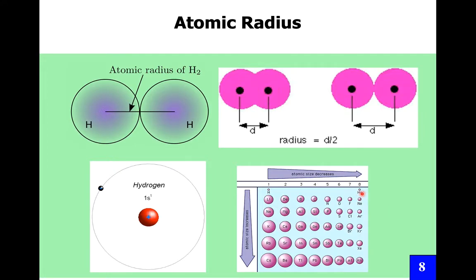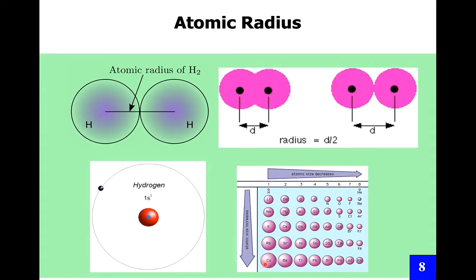We said from the previous slide that the effective nuclear charge is the highest in the upper right-hand side, and so we've got a teeny tiny atom, the smallest in the periodic table, up here, helium. And then we said effective nuclear charge was the lowest on the bottom left, and so cesium is the largest atom.